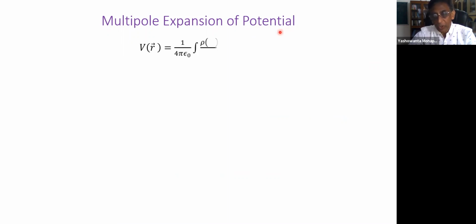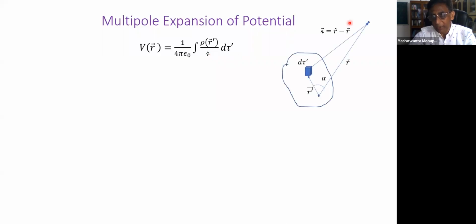So we know V(r) for any generalized distribution. I'm taking rho, prime coordinate r prime, curly R here. In fact, I should have the figure right here. So V(r) is 1 by 4 pi epsilon naught, dq by curly R. That's my R at my position here.